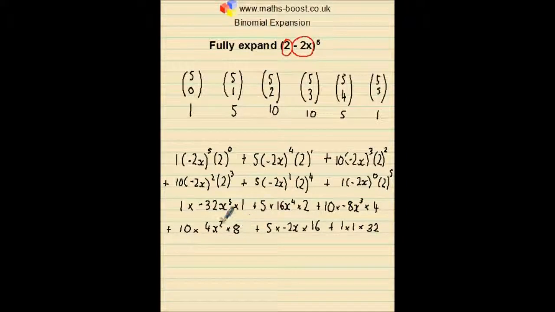And having completed this intermediate step, I'll now simplify fully each term.